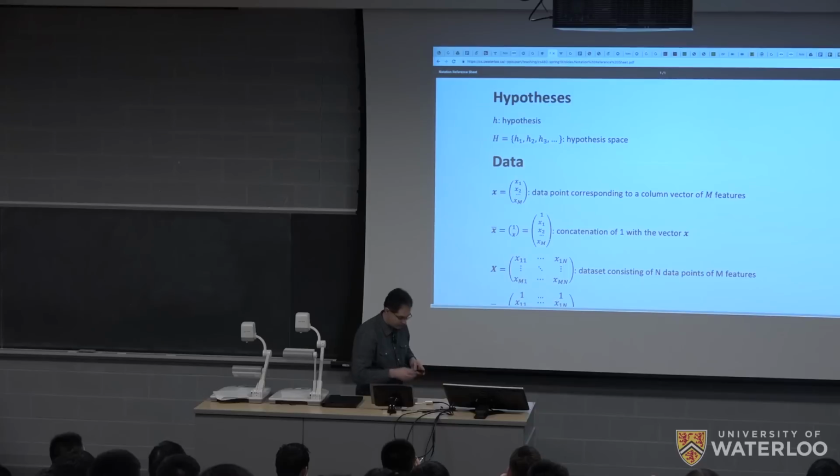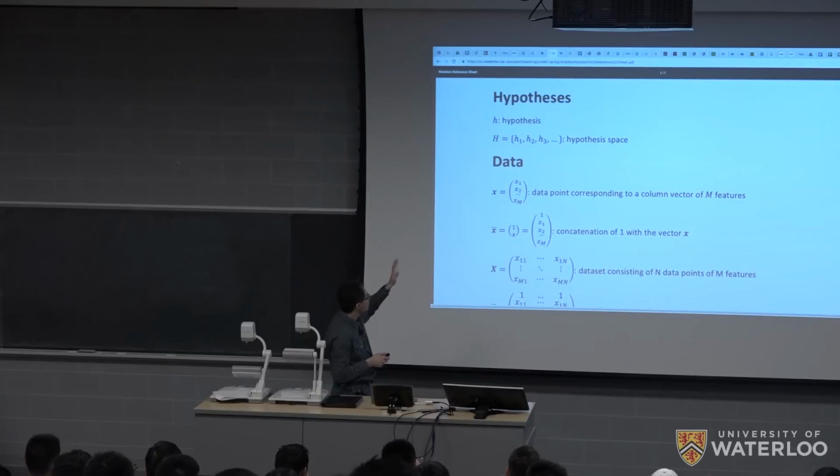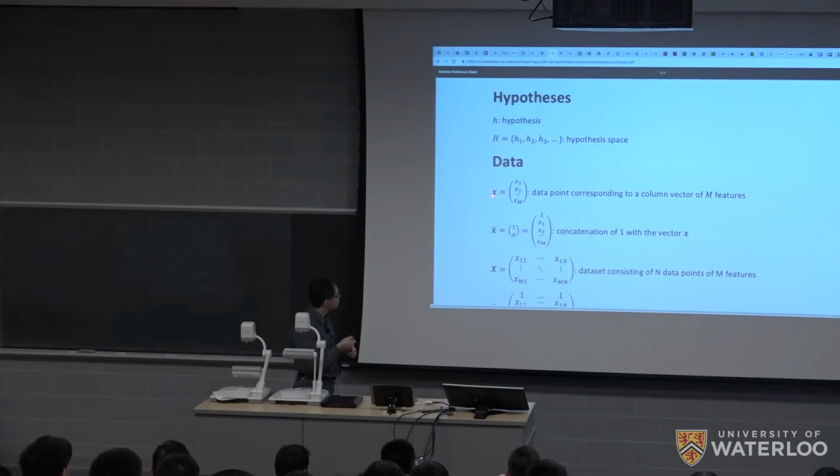As we discussed, we have H as a hypothesis and also the hypothesis space, capital H. With respect to data, I'm using X in general to indicate data points. A single data point is a vector. Sometimes I will concatenate this data point with the scalar 1, and I'm going to denote this by X bar.